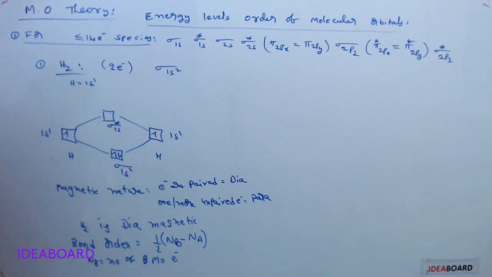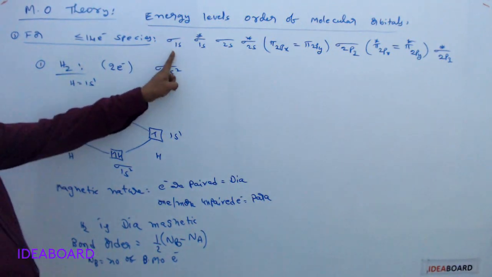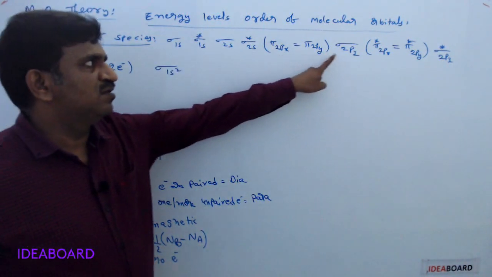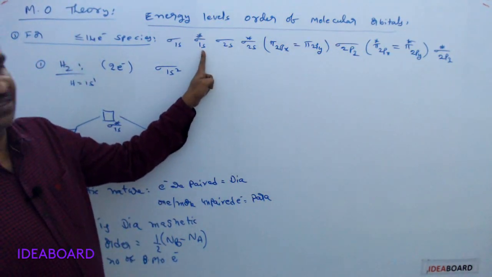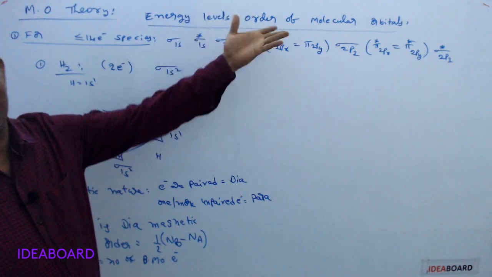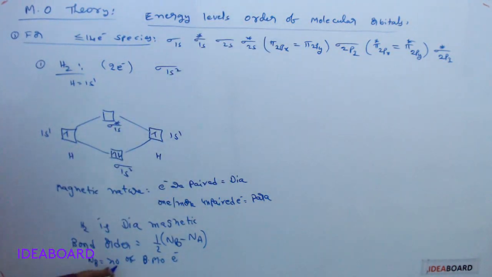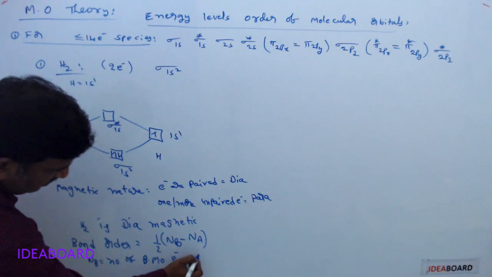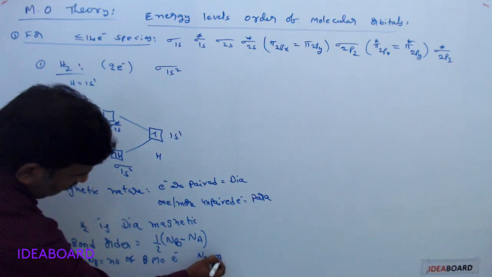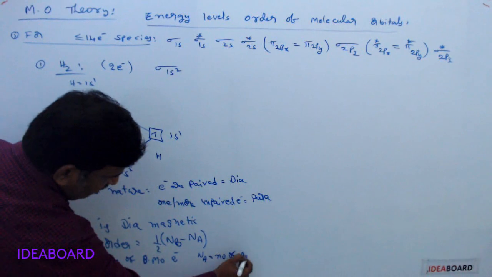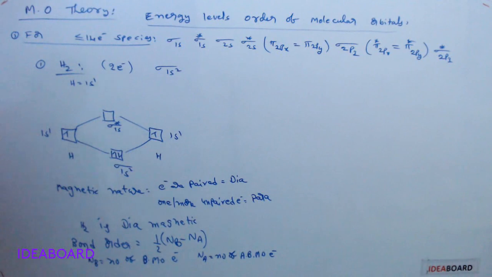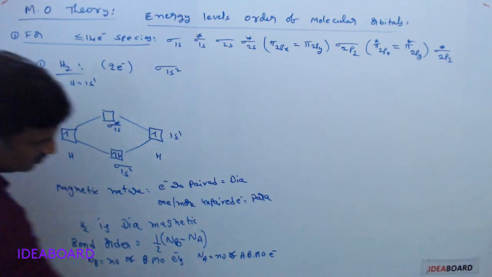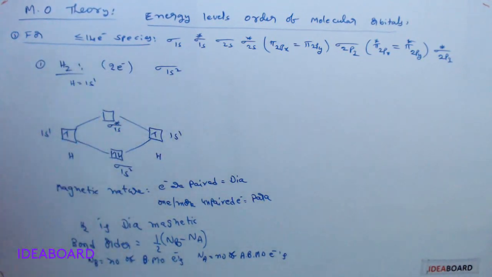Bonding molecular orbitals are sigma 1s, sigma 2s, and so on. Anti-bonding ones are sigma star 1s, sigma star 2s, all starred. So NB means bonding molecular orbital electrons, and NA is equal to the number of anti-bonding molecular orbital electrons. Please remember this.